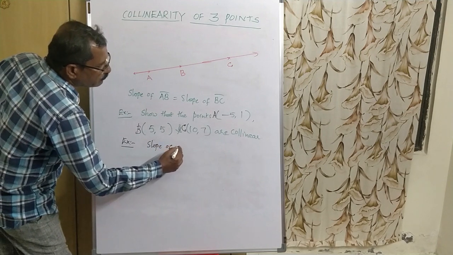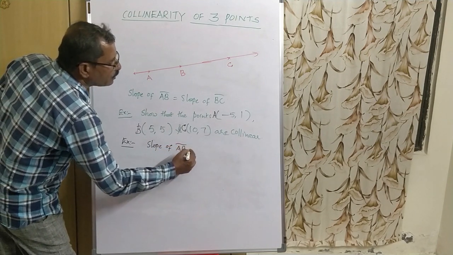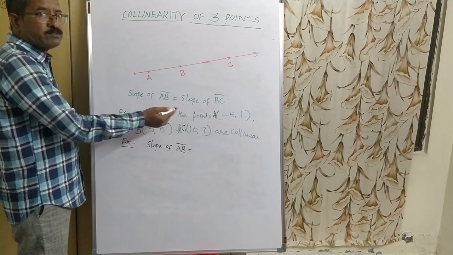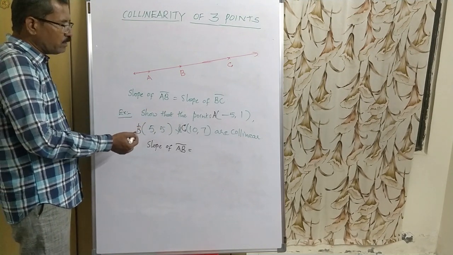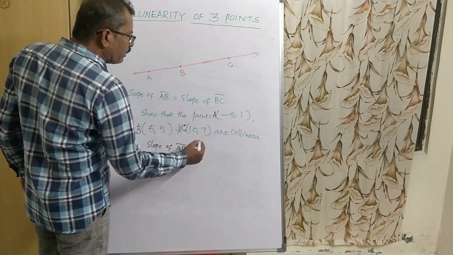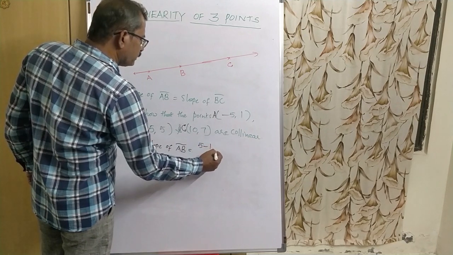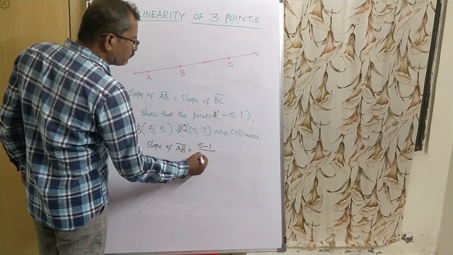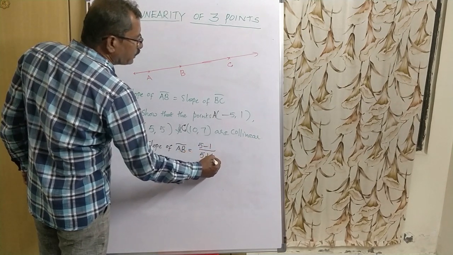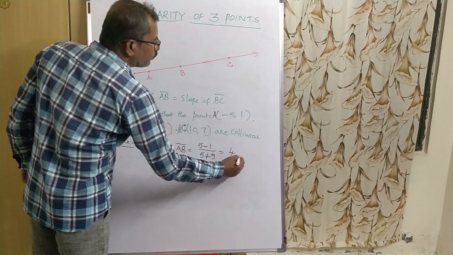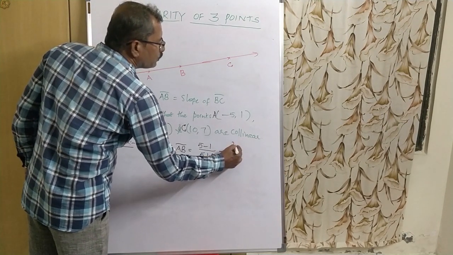is equal to, you know that, y2 minus y1 by x2 minus x1. So y2 minus y1 is 5 minus 1 by x2 minus x1 is 5 minus of minus 5, plus 5. This is equal to 4 by 10, or dividing by 2, it is 2 by 5.